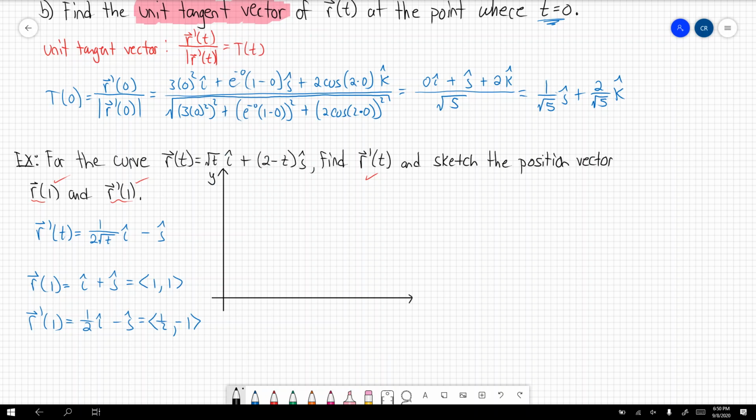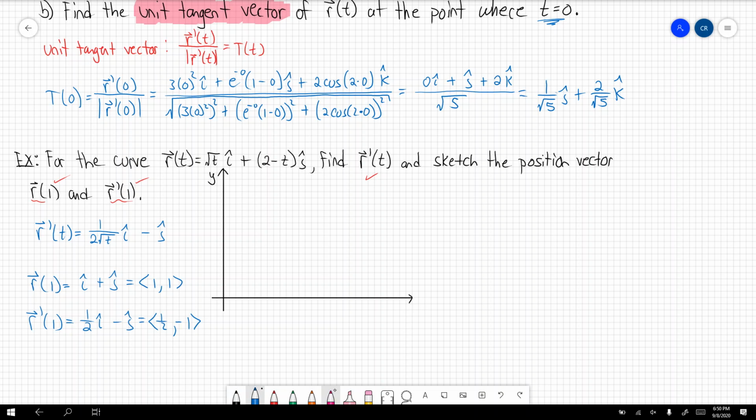Now again, this is an x and y coordinate system because this is a two-component vector defined by i and j components. Therefore, only the x component and only the y component. So once we're looking at this, we can start identifying what it is that we want to sketch. The first one said sketch a position vector r of 1. So I'm going to grab that r of 1 and I'm going to sketch it. So r of 1, here it is.